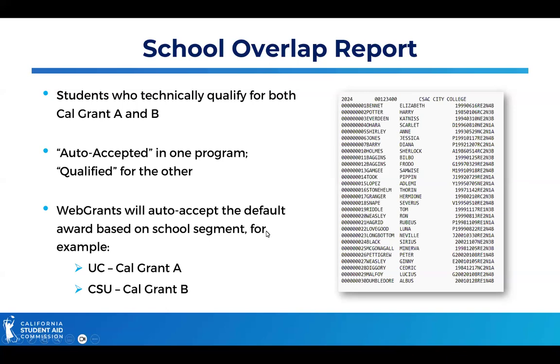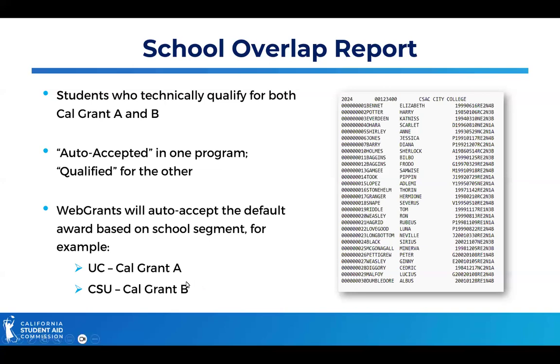So this might be helpful if a student says, hey, I have this Cal Grant B at your CSU and I don't have the money to cover the tuition and fees. Typically, the state university grant will fill this in because Cal Grant B is for our lower income students. So typically that student would be eligible for the state university grant to cover the tuition and fees in year one.